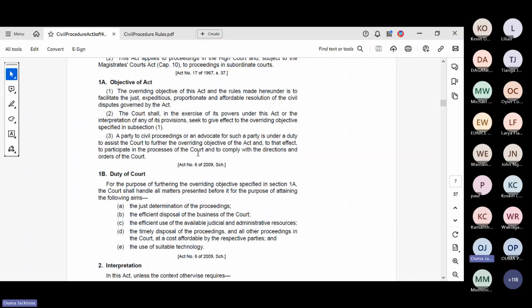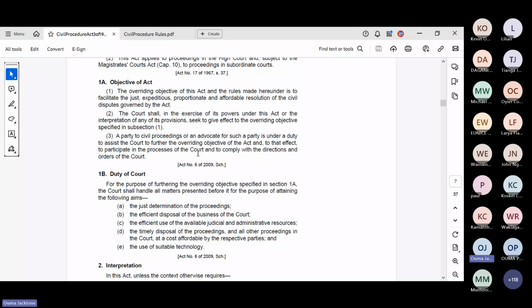Now, if you read these rules together with the inherent jurisdiction, it simply says that the court at some point, in a layman's language, can bend the rules to meet the ends of justice. The court sometimes can allow itself to bend the rules so that certain things can be achieved.